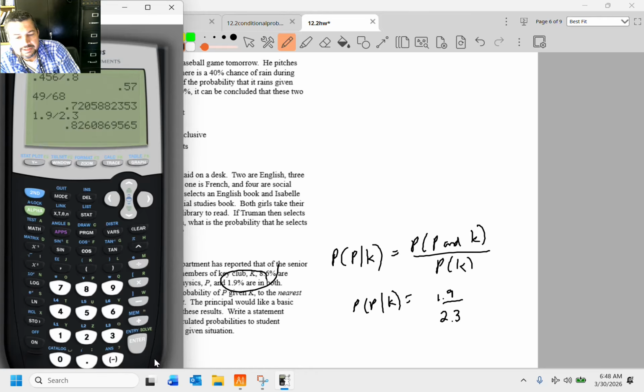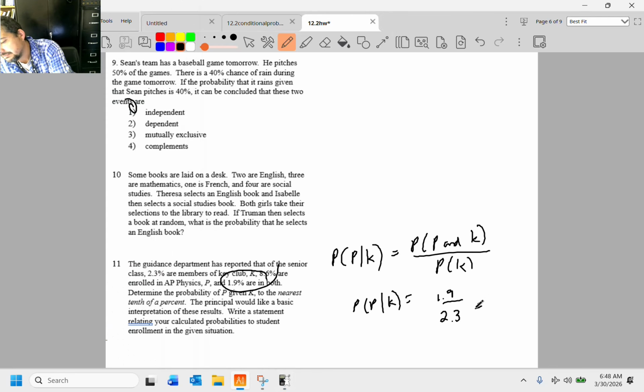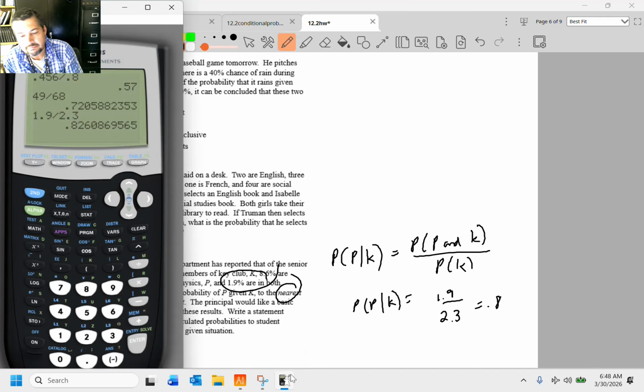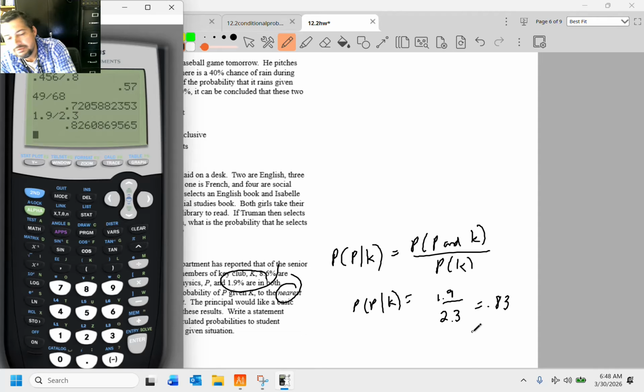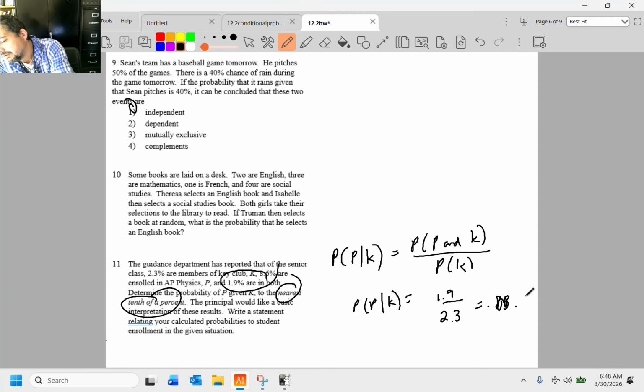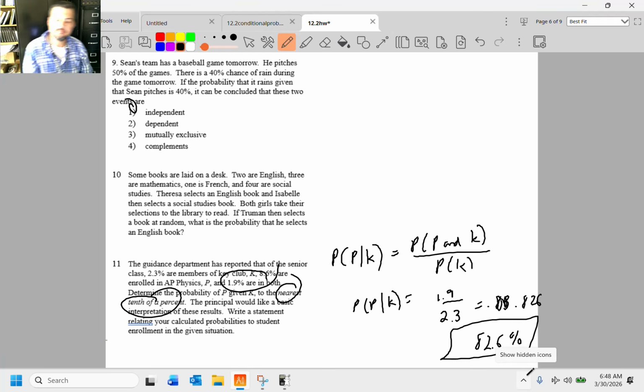They wanted the nearest tenth of a percent. It's 0.826. I can't round this morning. So that's 82.6%. There we go. They want it as a percent.